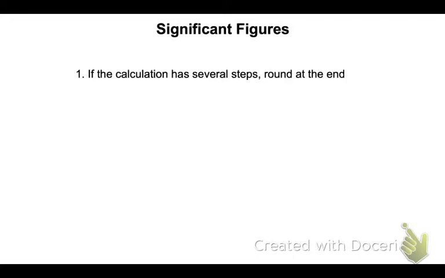If the calculation has several steps, and this is very important and you will run into examples like that, then you need to perform one step at a time and every step you follow its rules. Meaning, I have 3.489 times (5.67 minus 2.3). Notice that you have parentheses. What's in between the parentheses is subtraction.